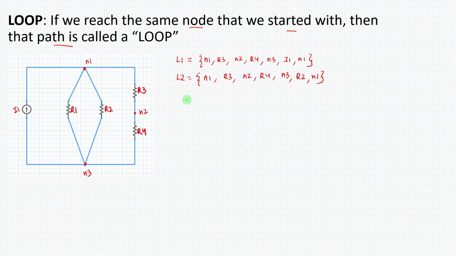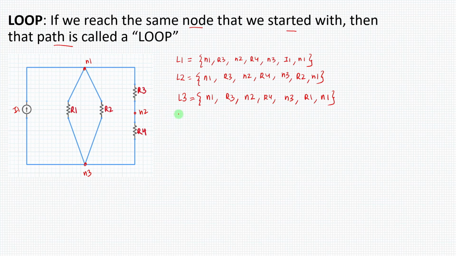So this is the next loop. This is L3. I'm going to take the next loop here. That will be N1, R3, N2, then R4, then N3, then R1, and I'm coming back at N1. So I've taken the path like this: N1, R3, N2, R4, N3, R1, and N1.